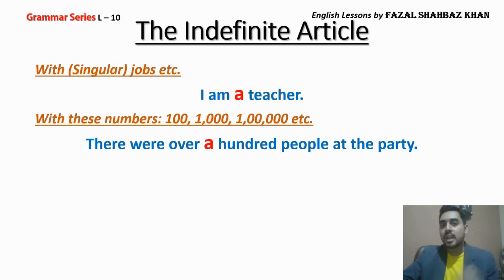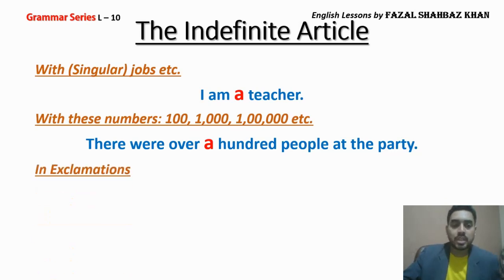Because of that singular idea, we use a hundred. Because there are 200s, 300s and 400s, 100 can be used as a hundred. So this is very simply defined: a common way to express that there are a number of people which are 100 and that is only 100. In article language we use it as a hundred people at the party.